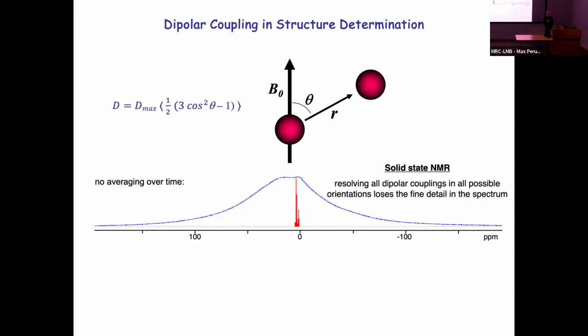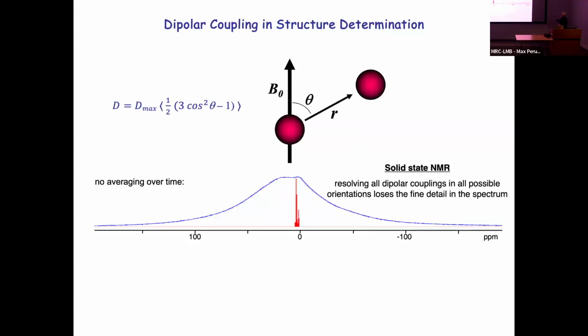This field averages away to zero. That doesn't mean it is zero. It just means as a time average, it goes to zero. And we can use the fact that this field is still there, from measuring the value of these dipolar coupling constants. And it has this angular dependence here. It also has a distance dependence.